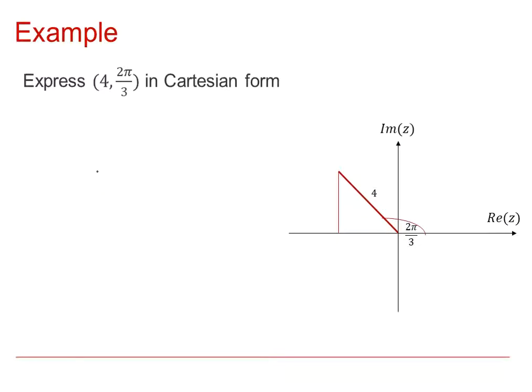So in this first example, we're given the modulus argument components for 2 pi by 3 and we want to convert to Cartesian. So it's always useful to get a quick sketch, so we can see there's the modulus 4 and the argument 2 pi by 3 from the positive real axis.